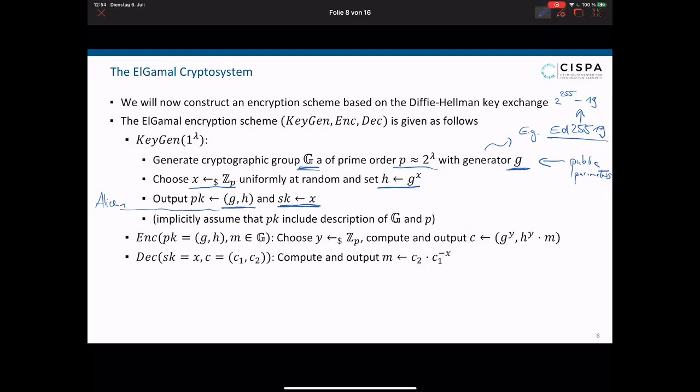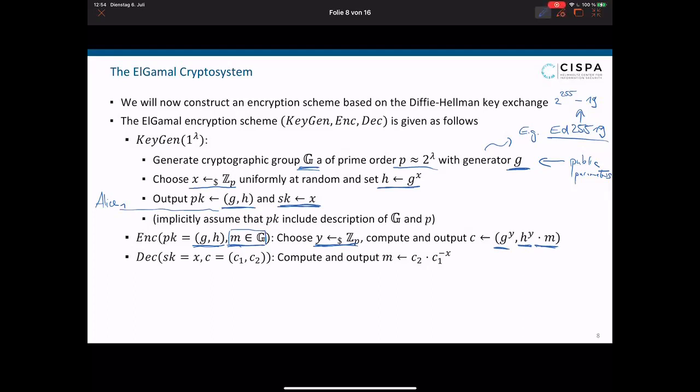Now encryption takes this public key G, H and a message M, and does the following. Here it does something slightly different. It chooses a uniformly random Y and computes G to the Y and H to the Y times M. The reason I can just multiply M with H to the Y is because I'm assuming that this message M is encoded in the group.